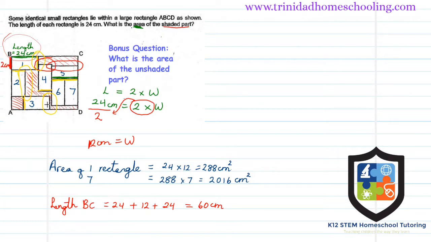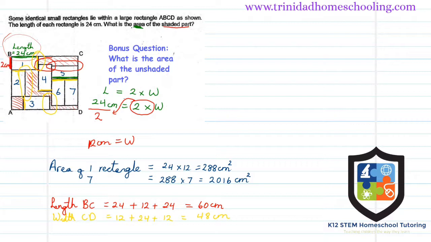So let's add those. Let's call that our width. Our width is CD. And this here is 12 centimeters plus the length of this rectangle, we know that is 24, plus this width here, our width of the small rectangle is 12. So we have 12, 24, and 12 to give us 48 centimeters.